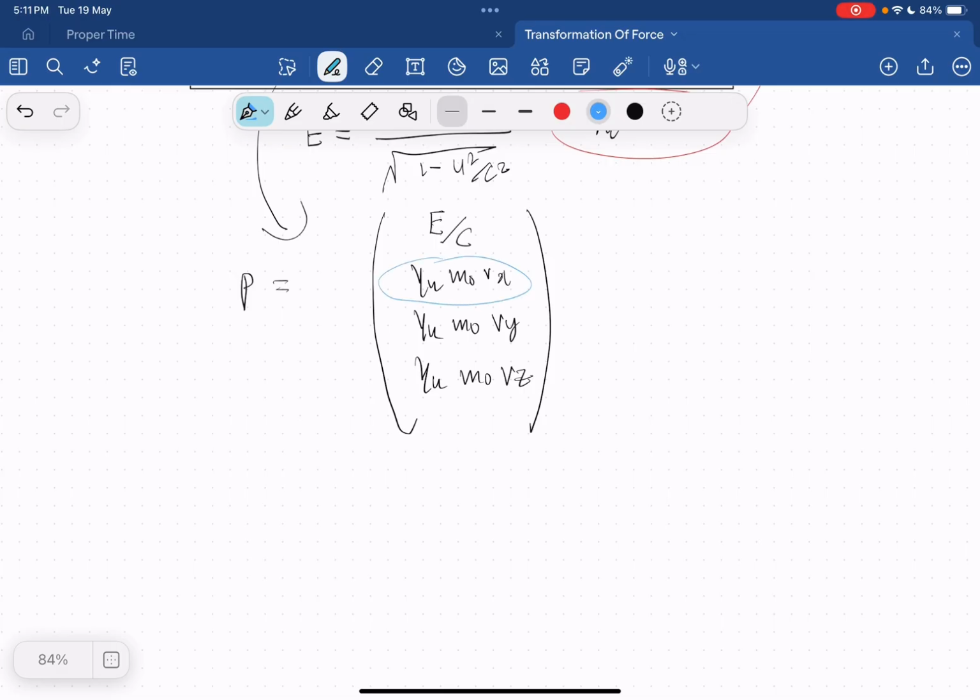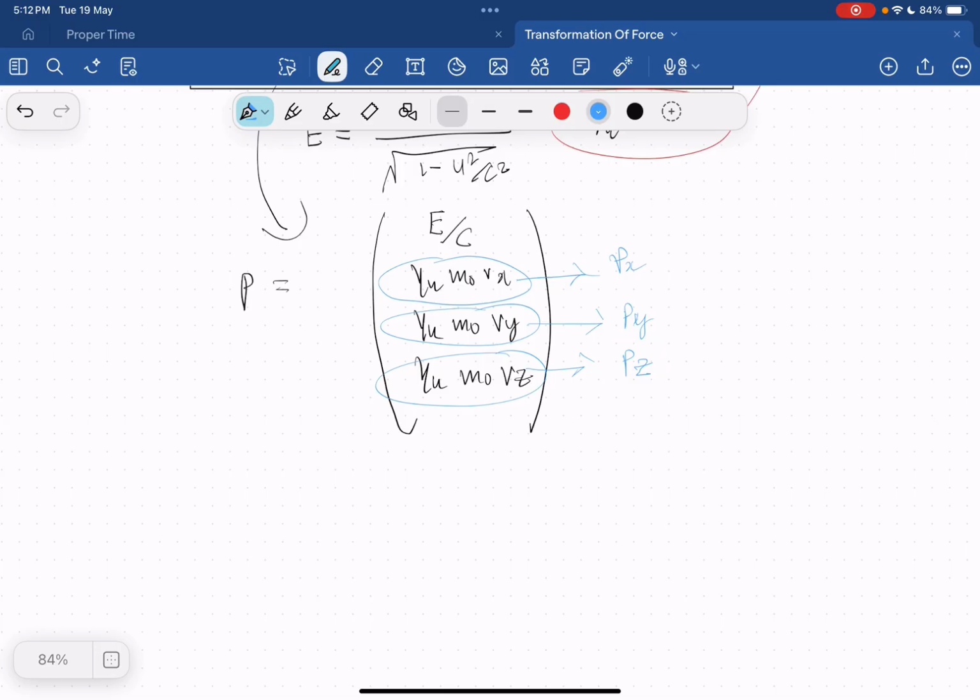Now this quantity, let's call it Px, this Py, this Pz. So these three components are the momentum of the particle.